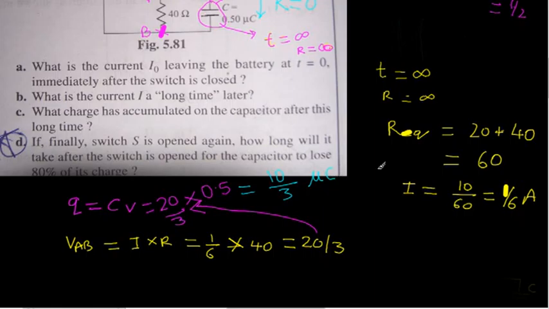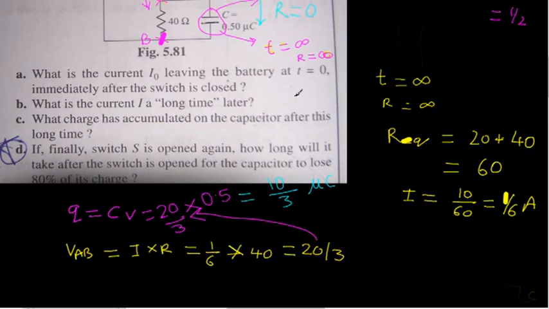Okay, microcoulomb is a charge, right? The 0.5 unit is actually microfarad, since it's a capacitor. Then you got this answer.